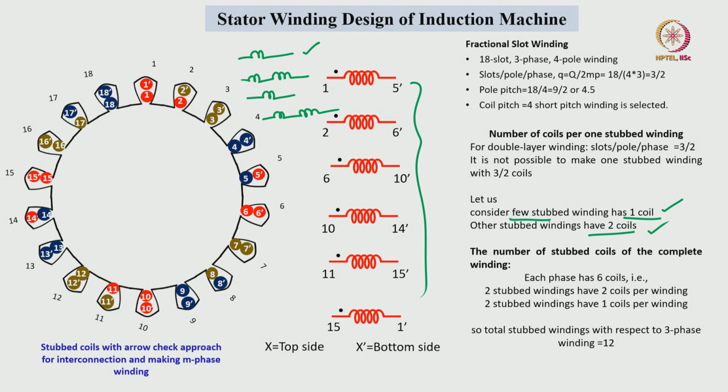So, 2 stub windings consist of 2 coils and 2 stub windings consist of 1 coil respectively, that we can see here. The total number of stub windings required for each and every phase will be 4, and with that number we will get a total of 12 stubbed windings for the 3 phase machine.